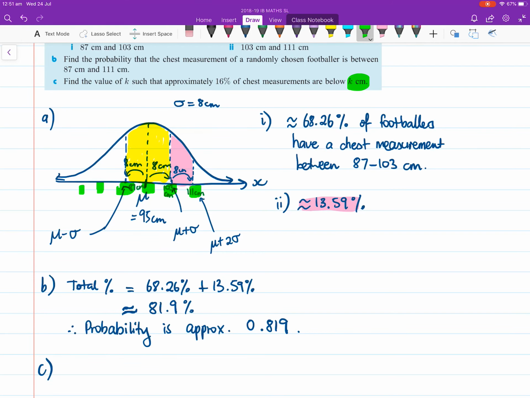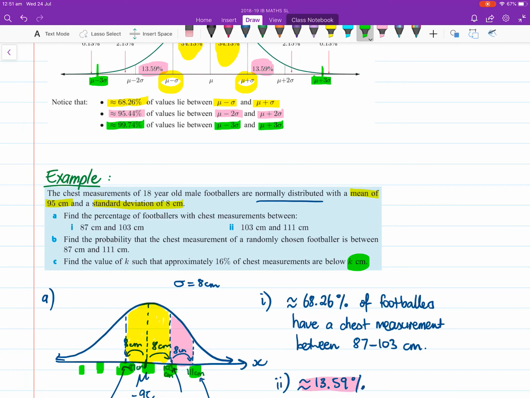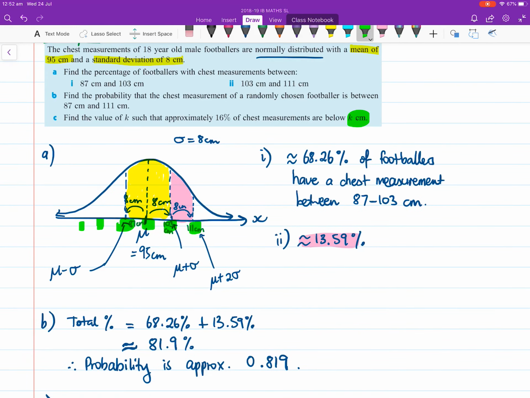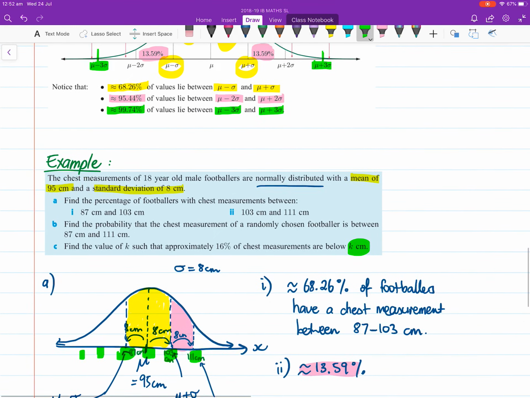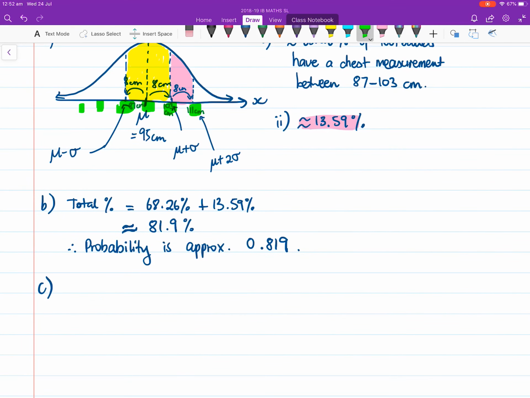Now let's have a look back up here, hang on. Now if you have the yellow parts, if that's 68 or 34%, okay, I think this is what we have to do. If this is X, that's your mean, mu.